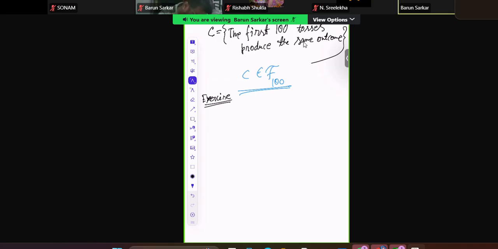We have done the smallest sigma algebra.